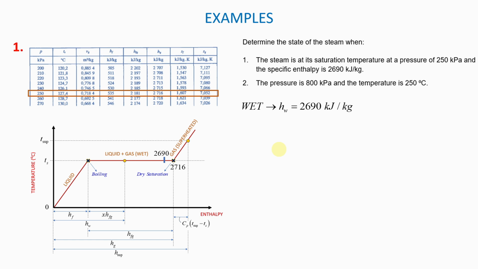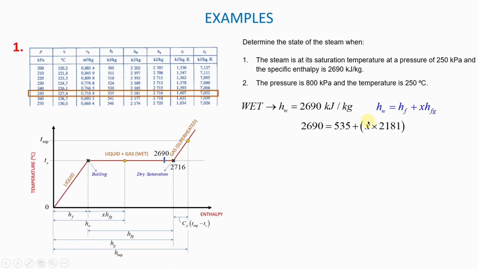Whenever you have steam that is wet, you need to calculate its dryness fraction. To do that, we will use the Hw equation, which is this, and we will read Hf and Hfg from the table, and we will find x.